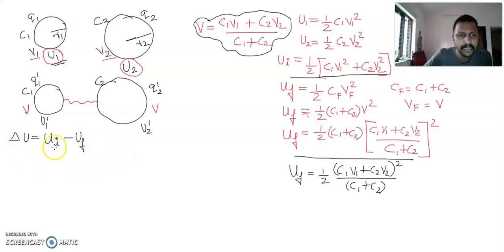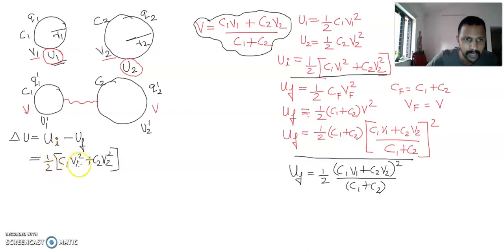What's the initial potential energy? Let's write it as half (C1 V1 square plus C2 V2 square). This is our initial potential energy, minus what's our final potential energy?